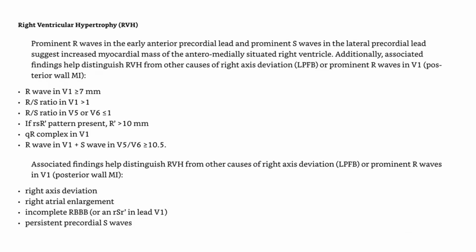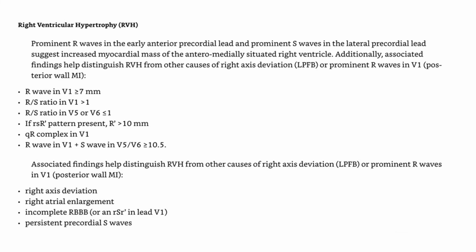Additionally, associated findings help to distinguish RVH from other causes of right axis deviation, or prominent R waves in lead V1, include R wave in V1 greater or equal to 7 millimeters, an RS ratio in chest lead V1 greater than 1, an RS ratio in V5 or V6 less or equal to 1, if an RSR prime pattern present with an R prime greater than 10 millimeters, a QR complex in lead V1, that is small q large r, and an R wave in V1 and an S wave in V5 V6 together are greater than 10.5 millimeters.